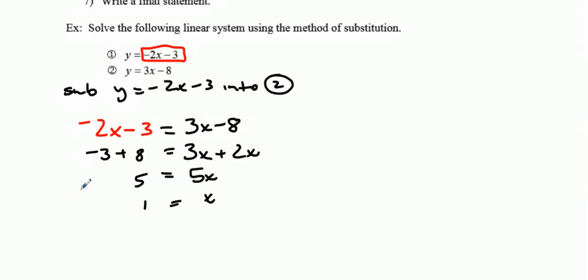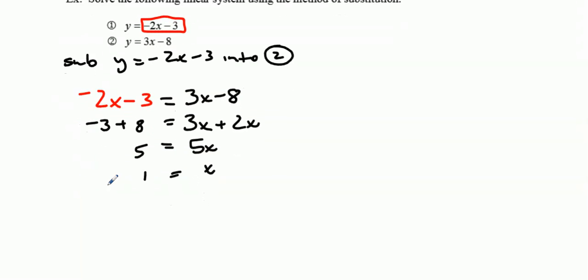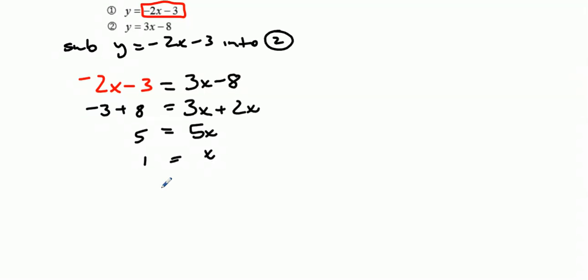So now what I want to do is find my y value. So I'm going to substitute x equals 1 back into either of these equations. It doesn't matter, because for either equation we're going to get the same y value when x equals 1. So let's go ahead and do that.